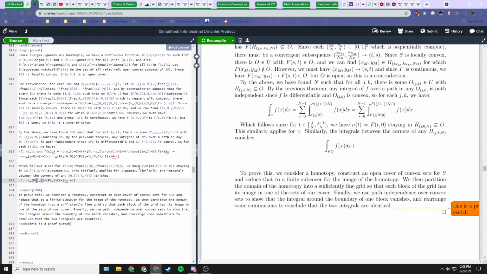Okay, so if we start on the lower left corner, which will be j over n, k over n, then we'll advance to the lower right corner, by adding 1 to j, and then we will add 1 from j plus 1 to k plus 1.